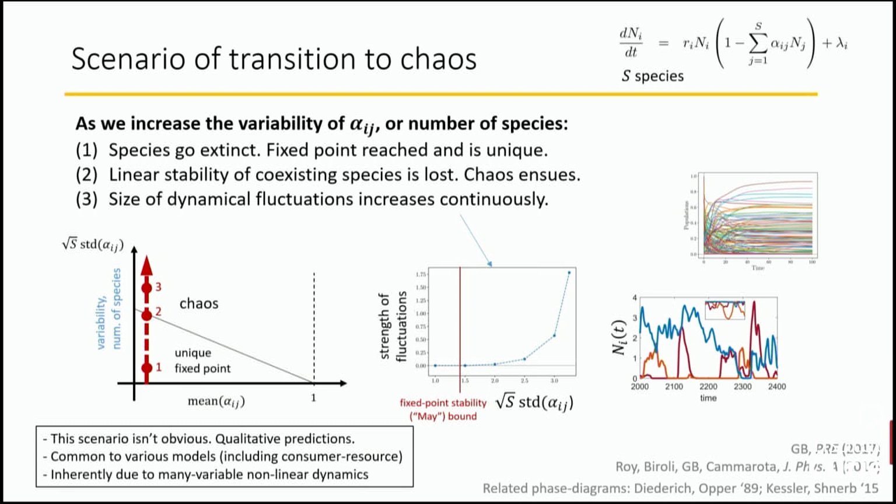These are actual predictions that I can hope will extend beyond my very simple model. Anyone here who has May in their mind: May has to do with linearization of these equations. All these things about extinctions and fluctuations are fully nonlinear effects. That's where they come from.